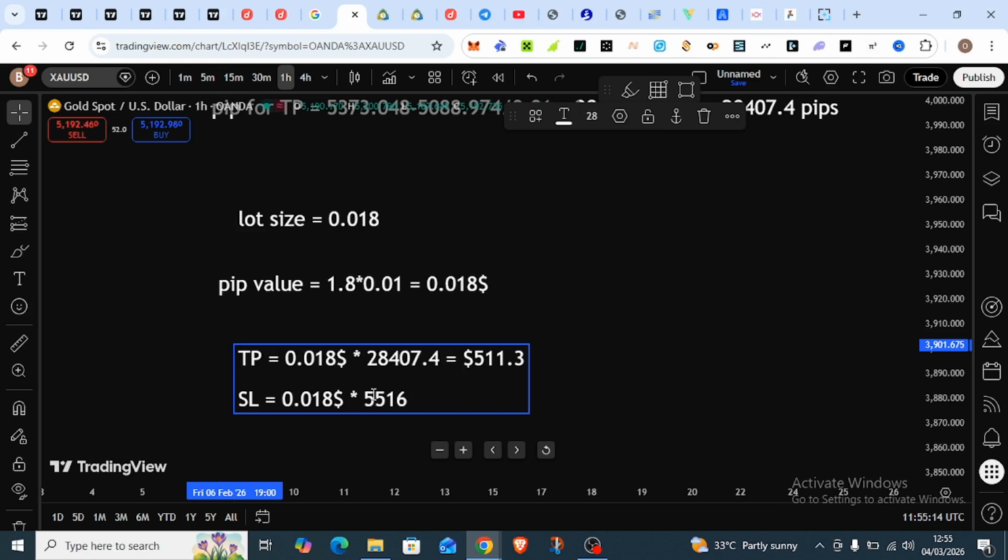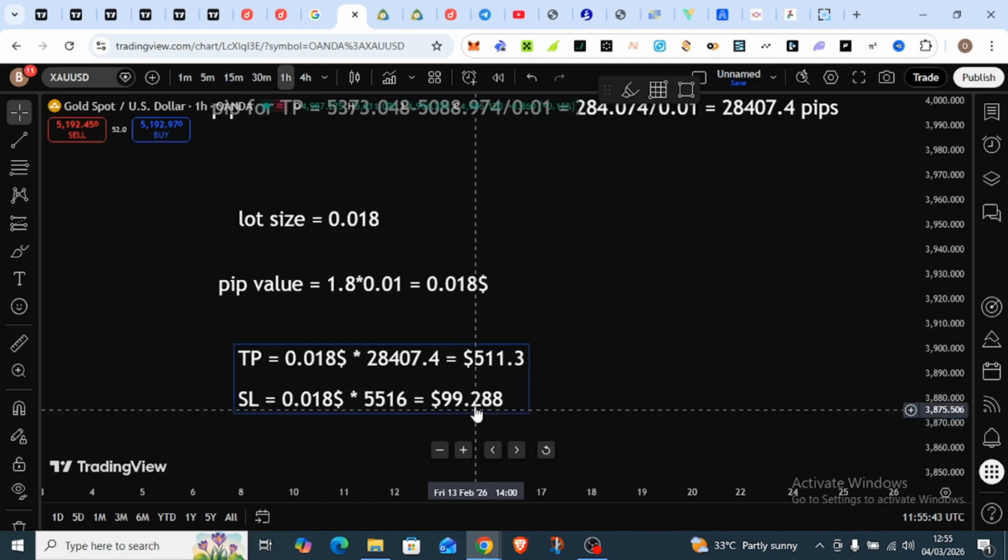Know what you get. So what we have is equal to $99.28 because of the approximation we did with the lot size.